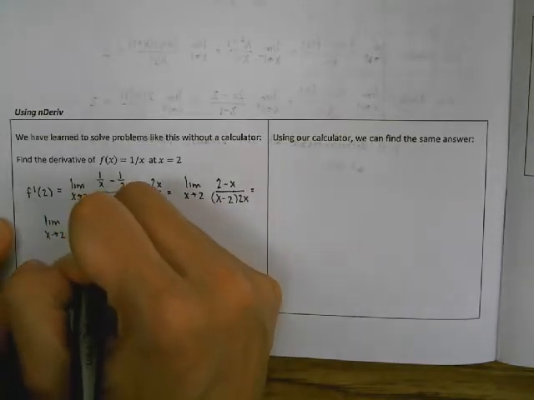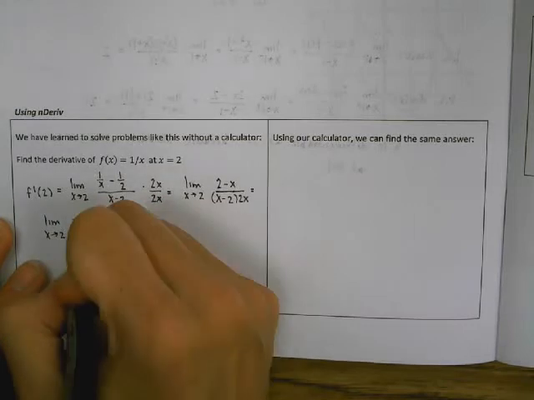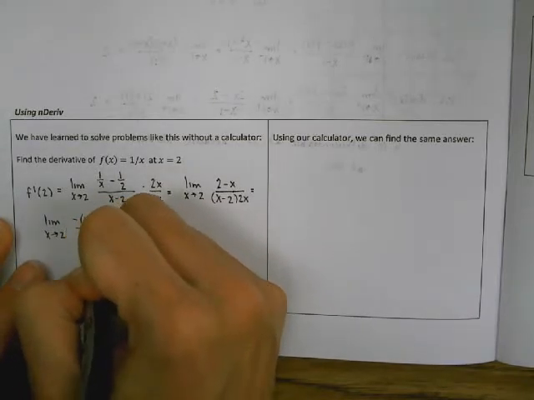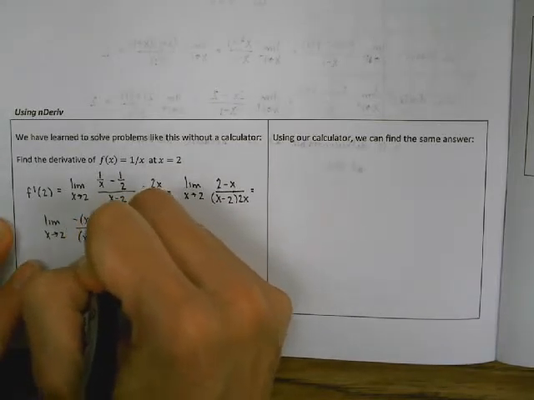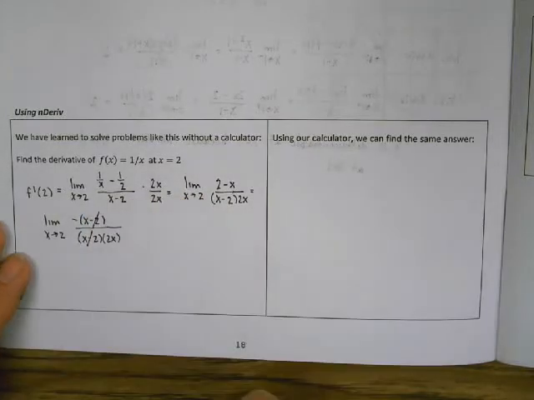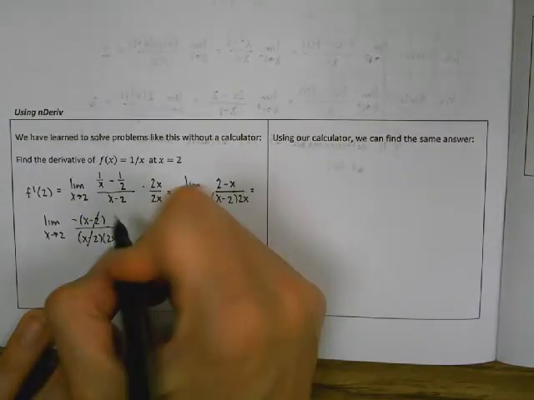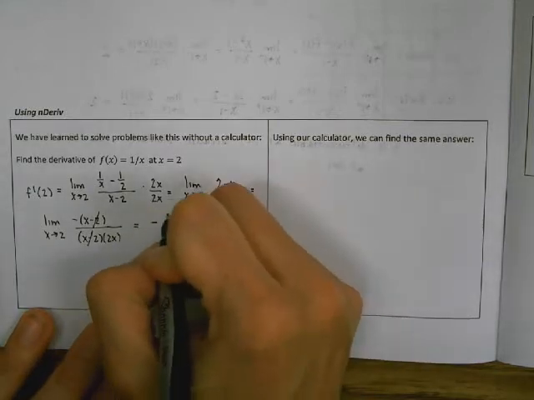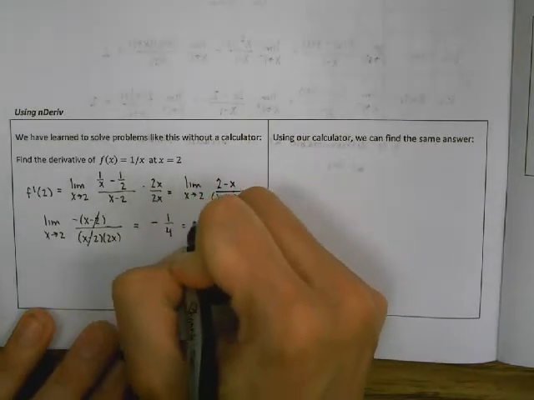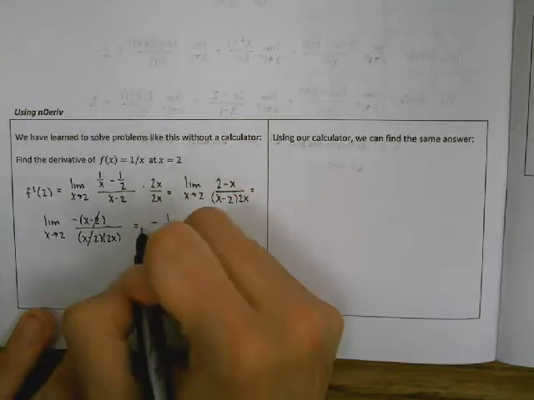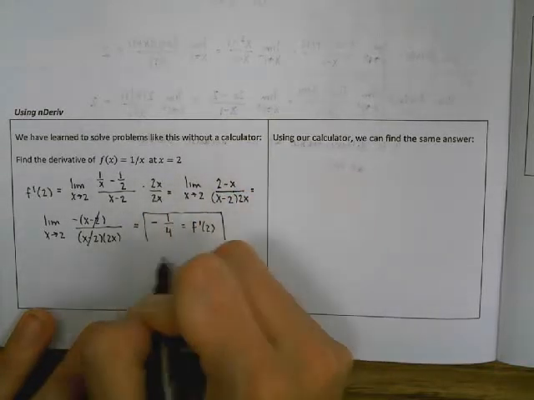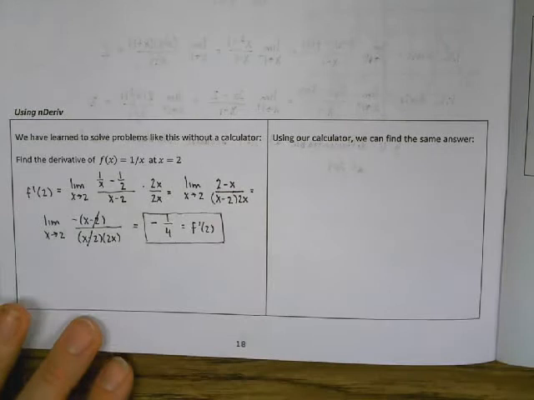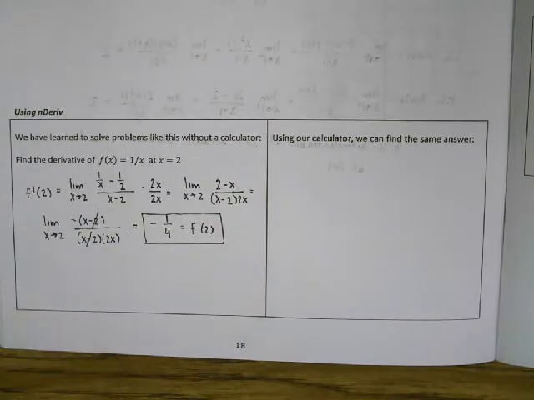So I'm going to factor out a -1, so I get an x minus 2 up top. I have x minus 2 times 2x in my denominator. Now I can cancel that factor from top and bottom, and I'm able to substitute 2 for x, and so my derivative is -1/4. So we have a means of doing that without our calculator.